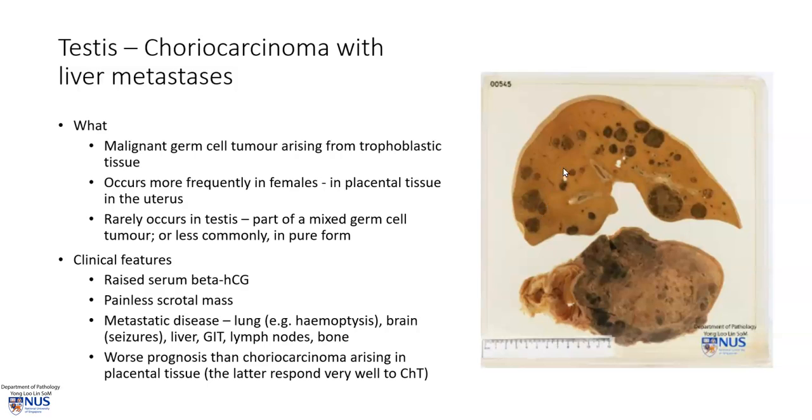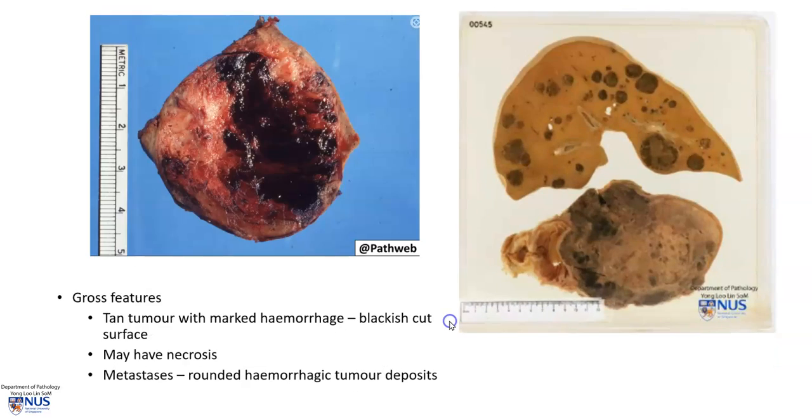Metastases can also occur in the liver, as you see here, and in other organs. There is generally a worse prognosis in the testes compared to choriocarcinomas arising in placental tissue. These tumors that arise in placental tissue in female patients tend to respond very well to chemotherapy.